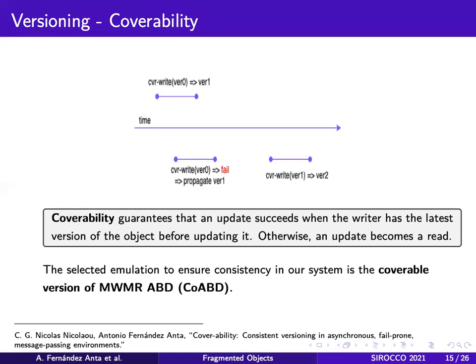For example, in the figure, the second write fails since the writer has version 0, which is an older version. This happens because the first write is already completed, thus changing the version of the block to version 1.